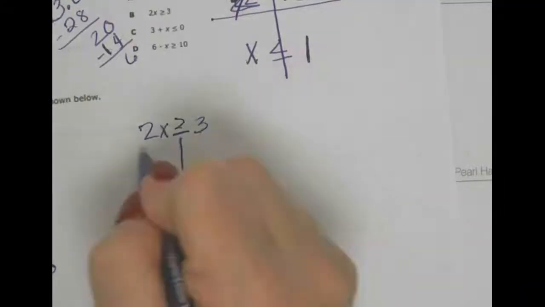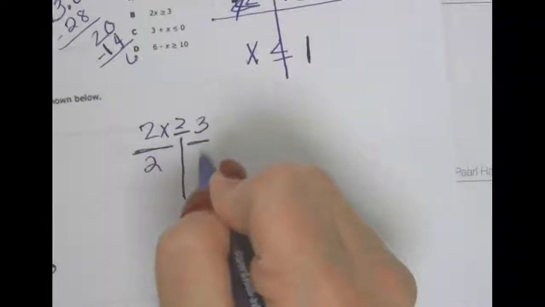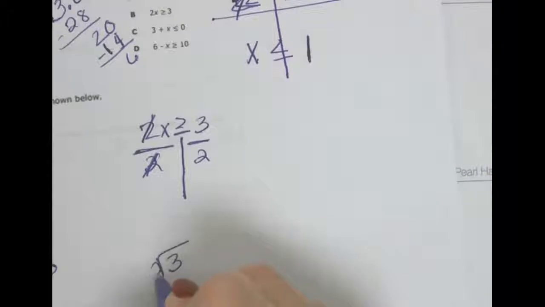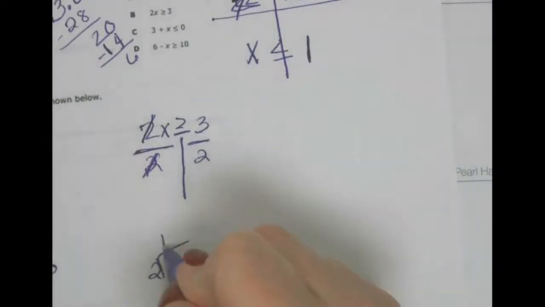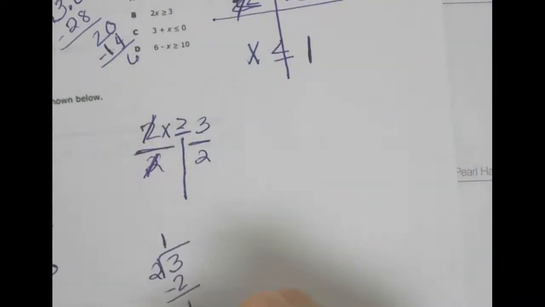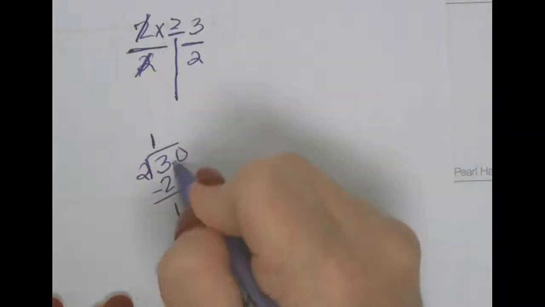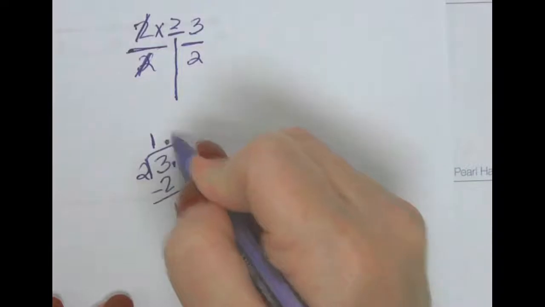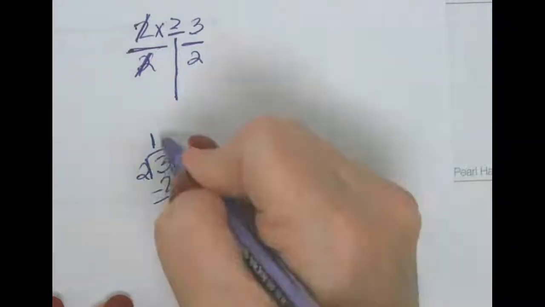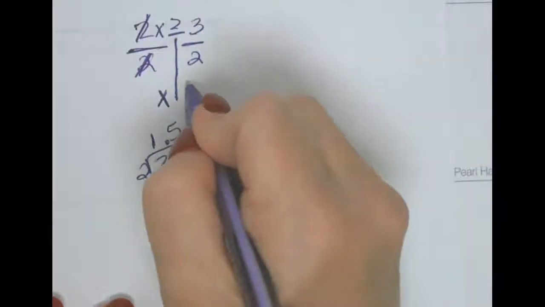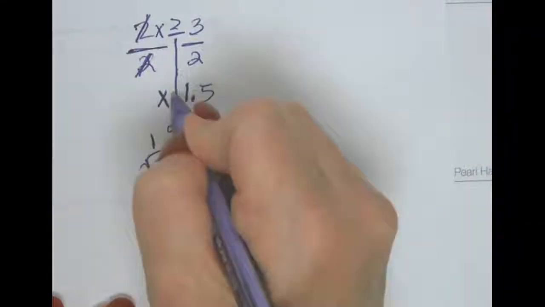I'm going to divide by 2 on both sides. 3 divided by 2. Add a decimal, add a 0, bring the decimal up, bring this down. 2 will go into 10 5 times. So this will be 1.5.